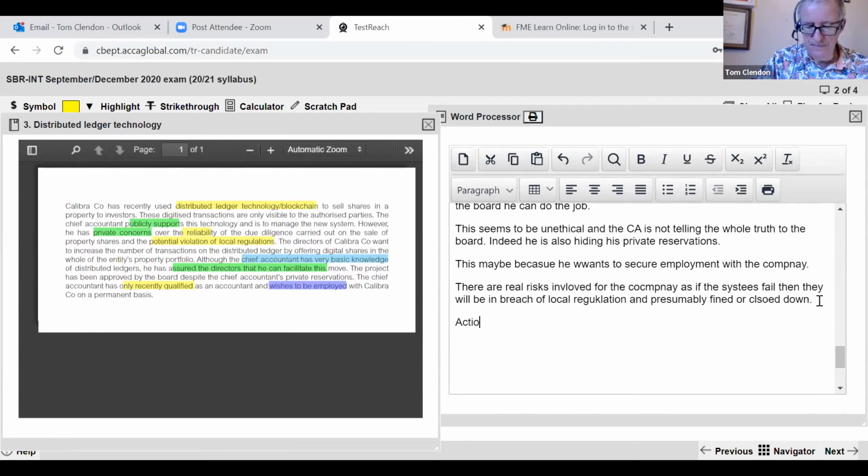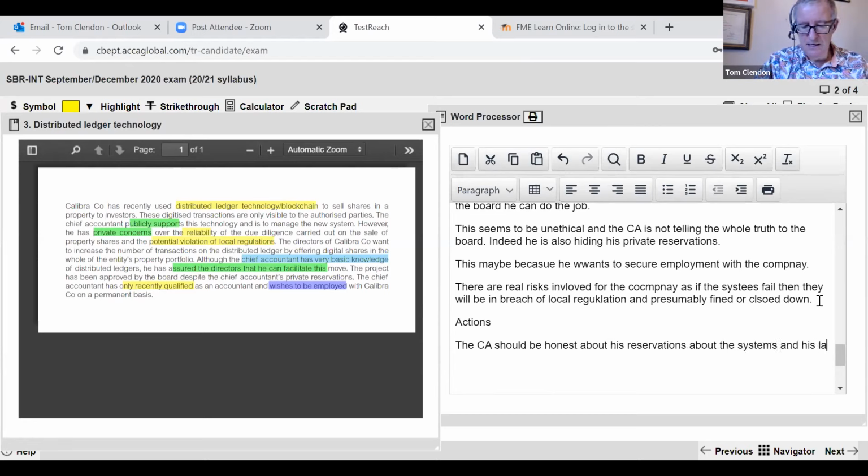He should be honest about his reservations about the systems and his lack of experience. Maybe training should be arranged, something like that.